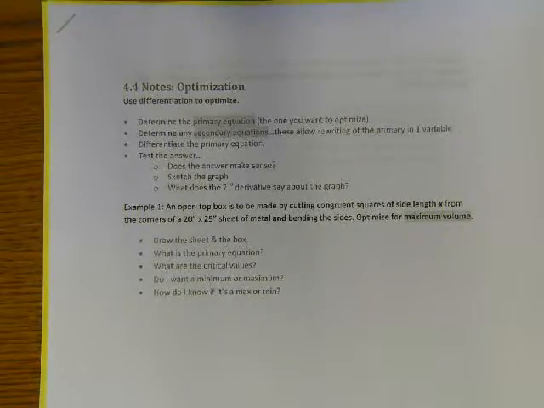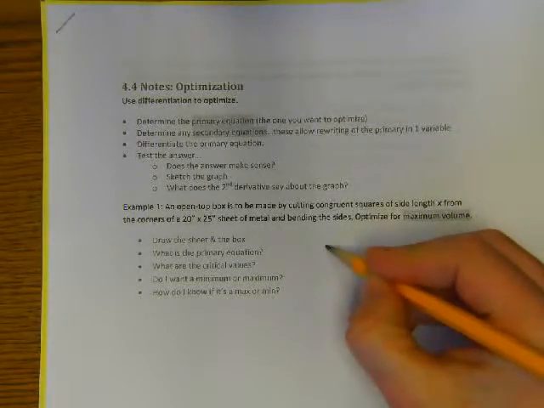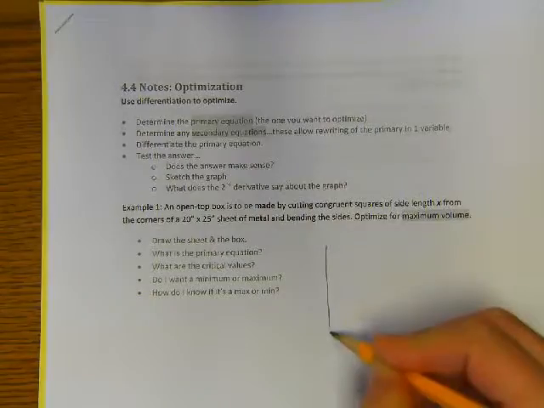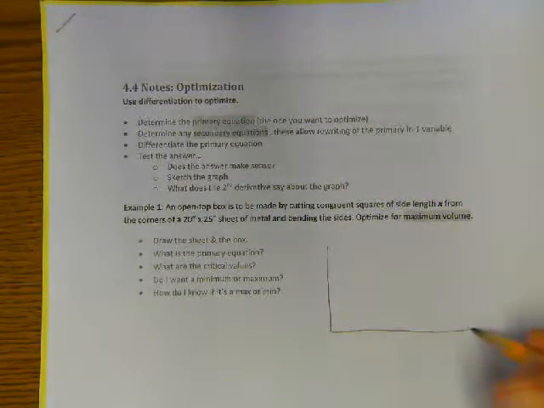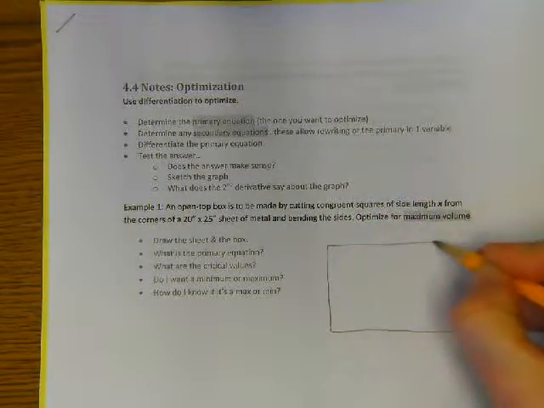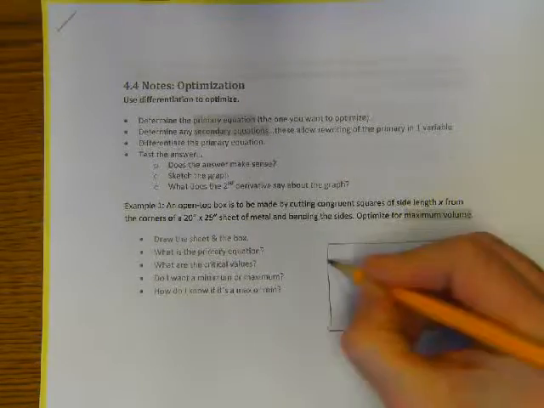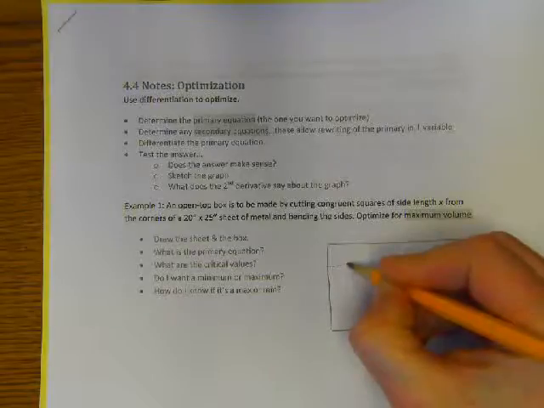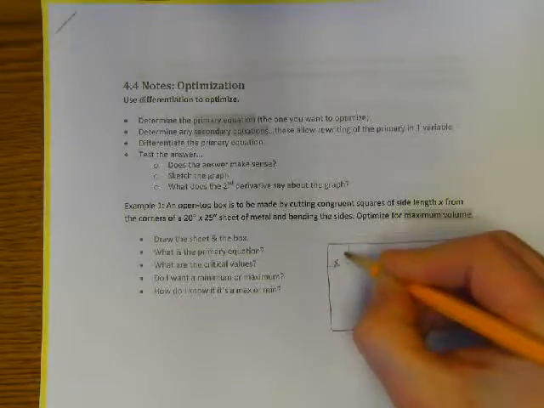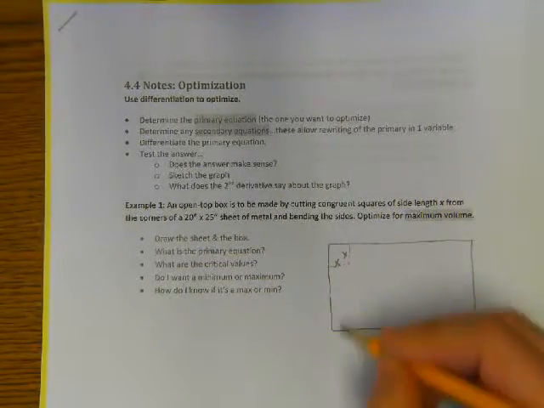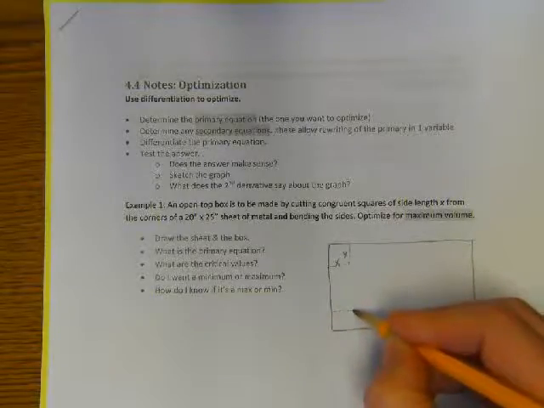So I have a rectangular sheet of metal. And then I'm going to cut out of these corners congruent squares, congruent just means the same, with length and width of x.